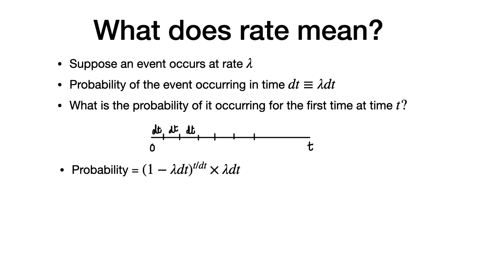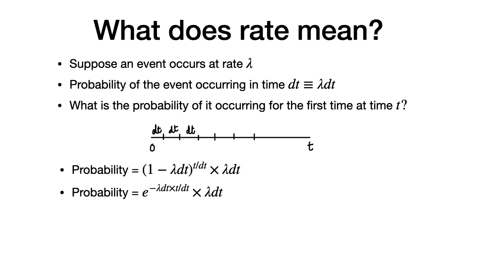The probability of the event not occurring in one interval is 1 minus lambda dt, because the probability of the event occurring is lambda dt. That is raised to the power t by dt, the number of intervals, and then in the final dt it should occur, so lambda dt. That is the probability that the system waits for time t and then an event occurs.